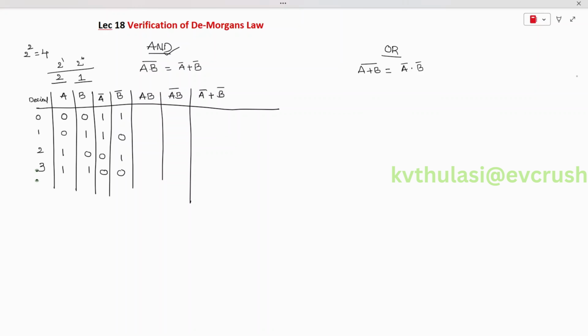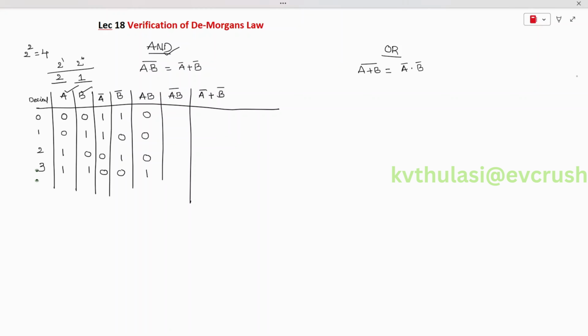Now we have to perform the AND operation of the A and B values. A into B means only if both are 1 do you get 1. So 0 into 0 is automatically 0. 0 and 1 is automatically 0. 1 and 0 is automatically 0. 1 and 1 is automatically 1.